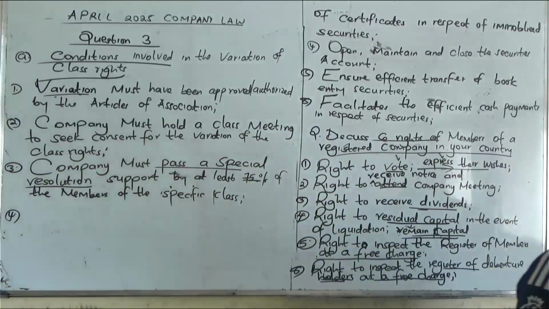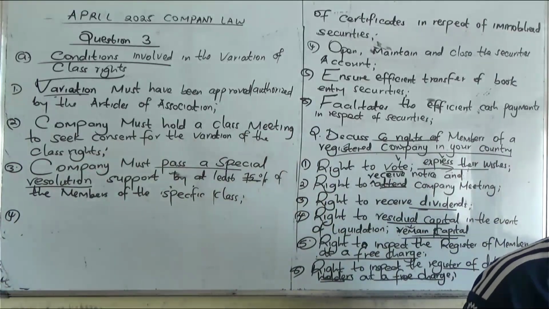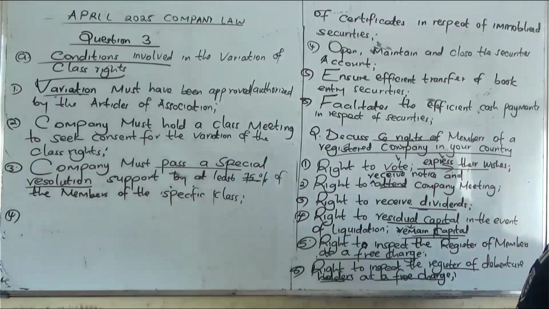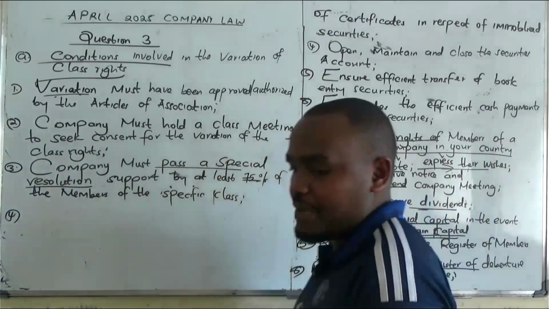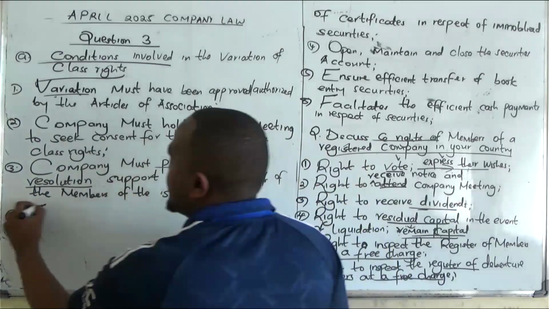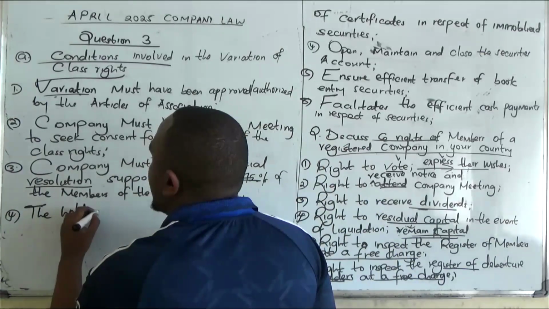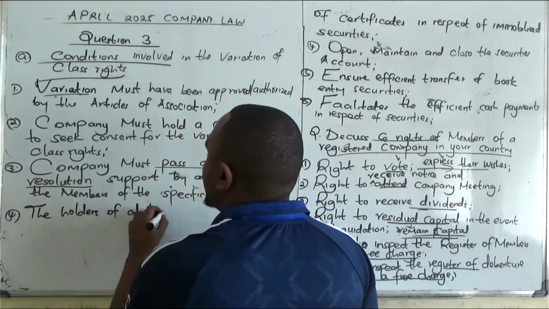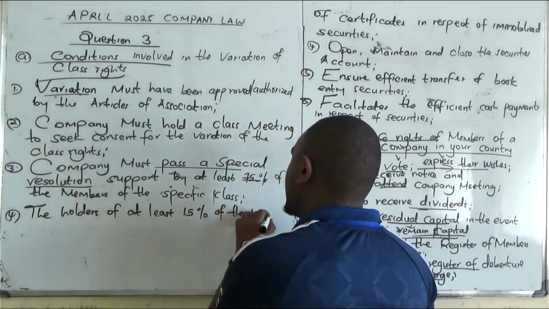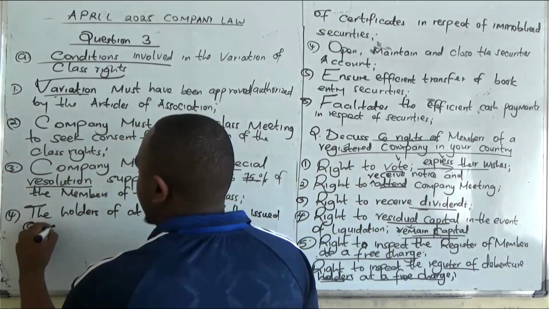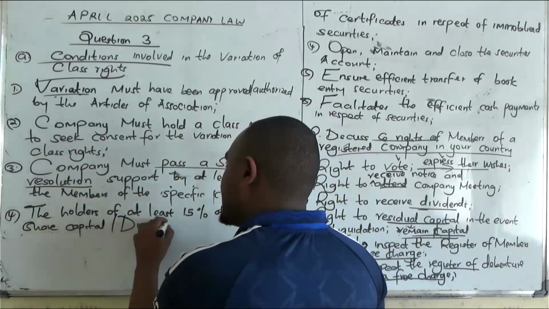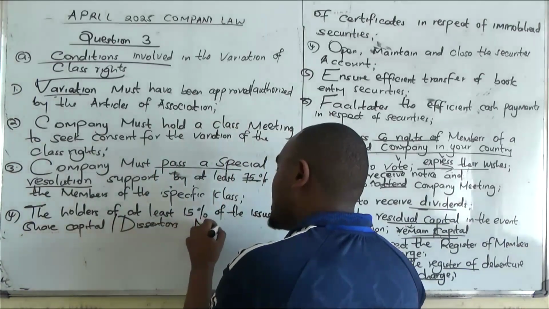The holders of not less than 15% of the issued share capital of that class may apply to the court for the cancellation. So the dissenters, they apply to the court. So that is how we accommodate them. Which is this court?